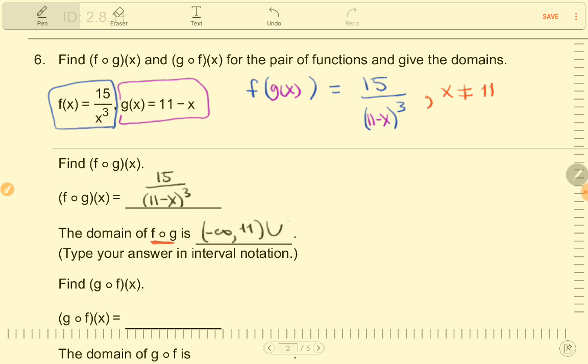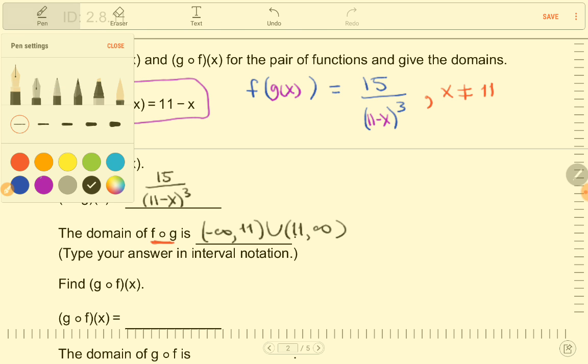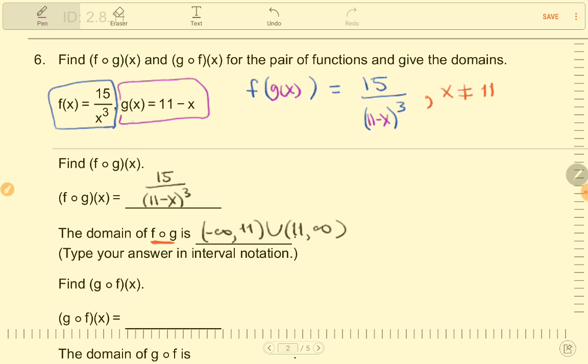and then jumping over 11 to positive infinity. That's most likely what the domain is, but I just want to verify that this whole domain interval is not containing anything that would not be in the domain of g of x. So I'm just going to write down the domain of the inner function.